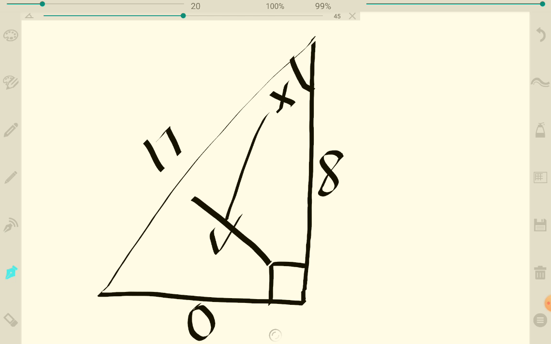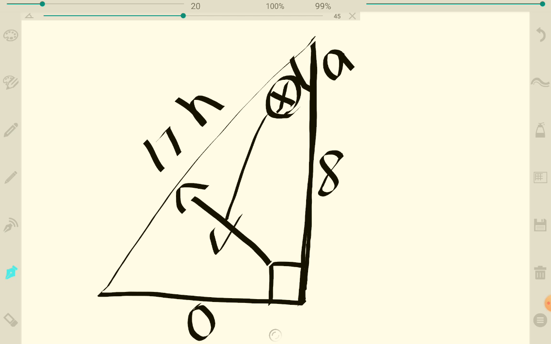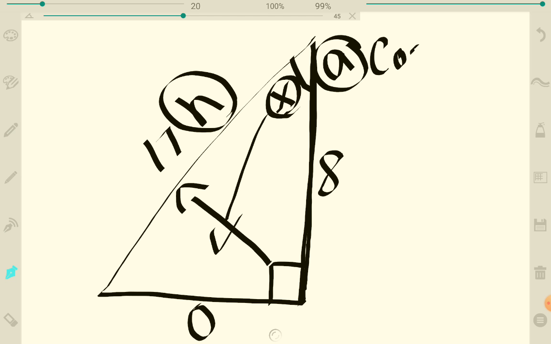Side opposite from 90 degree is always hypotenuse. The side adjacent to this angle right here is going to be adjacent. So we need to find a trig function that uses adjacent and hypotenuse. The trig function that uses adjacent and hypotenuse is cos. So we write down cos x, because that's the angle we're trying to find right here, equals adjacent over hypotenuse, always in cos.